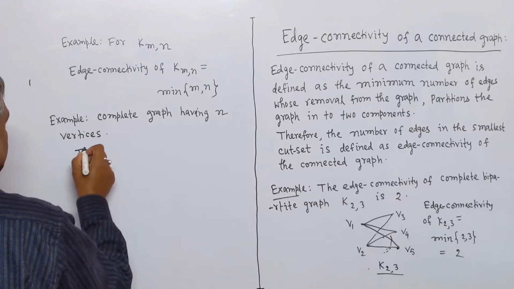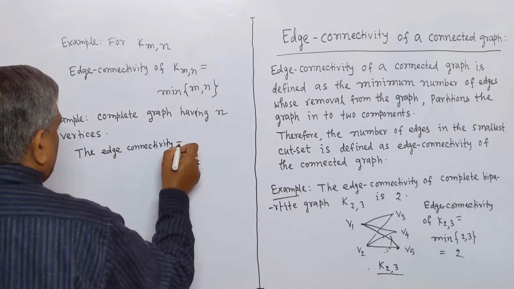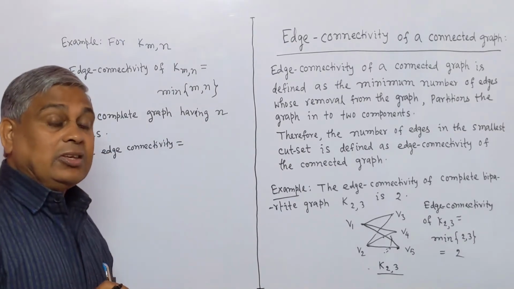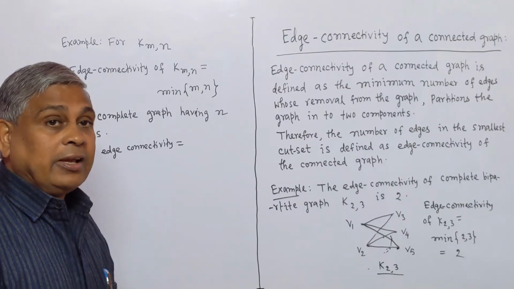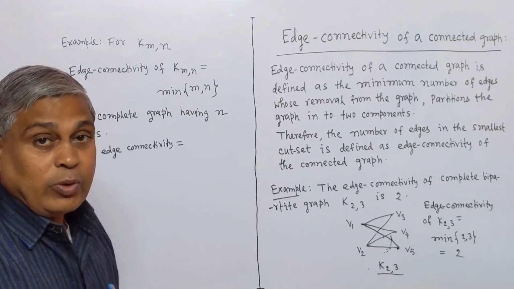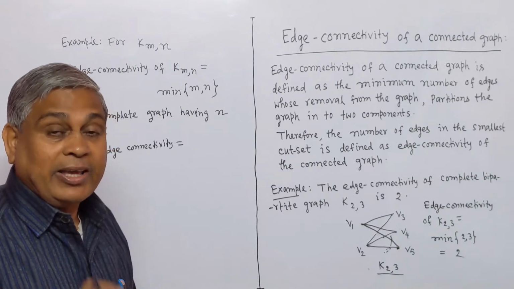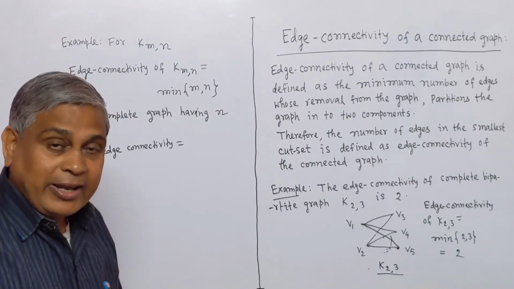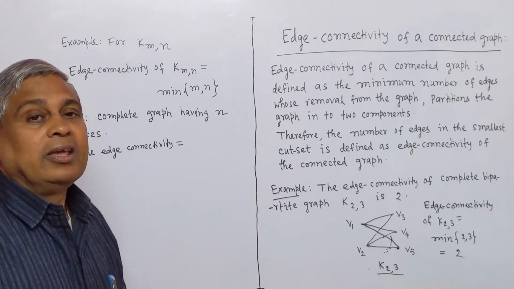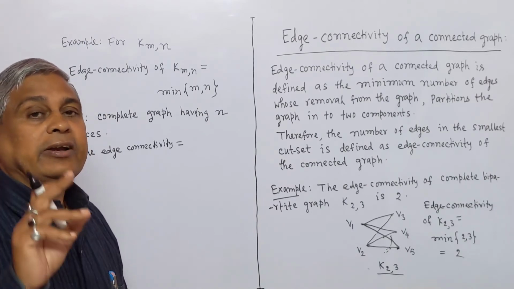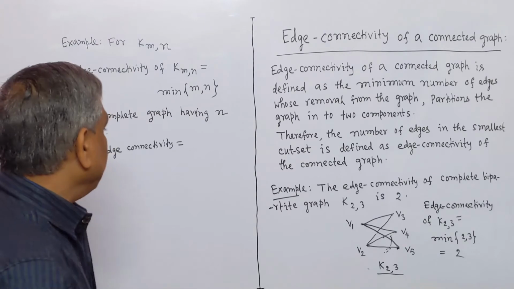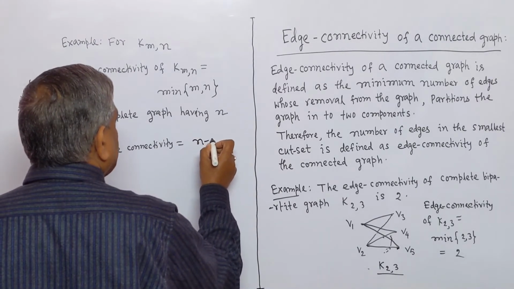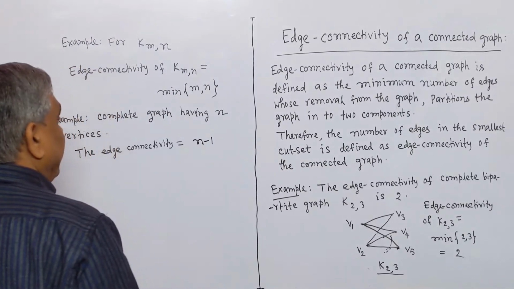The edge connectivity equal to, since one vertex is connected with remaining n minus 1 number of vertices by edges, if we delete n minus 1 edges, then we get two disconnected graphs. Therefore, in this case, we get edge connectivity equal to n minus 1.